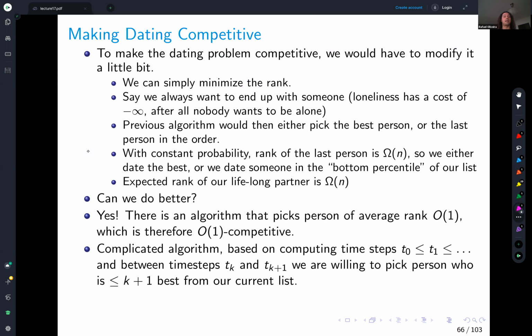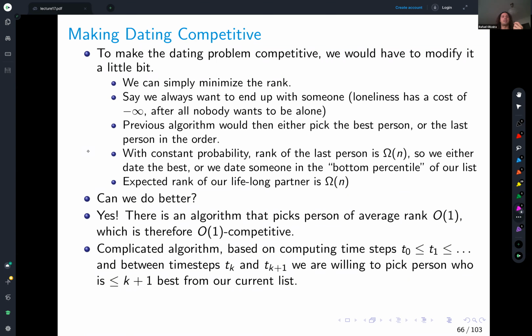It's a very complicated algorithm, actually, and it's based on computing time steps like T0, T1, and so on. Here's what the algorithm will do. Between time steps Tk and Tk plus 1, think of these as milestones, we're going to relax our condition, and say we're willing to pick the person who is at most the k plus 1 best from our current list.